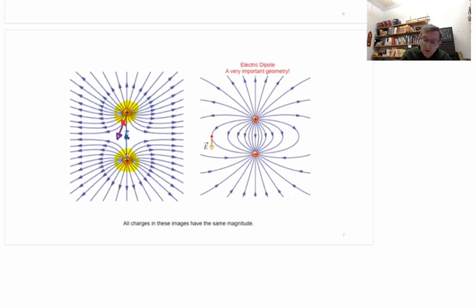It's also 2 point particles, but one's positive and one's negative. And equal amounts, plus Q, and the other one would be minus Q. Equal but opposite amounts of charge. That configuration specifically is called an electric dipole. We're going to study that quite a bit.